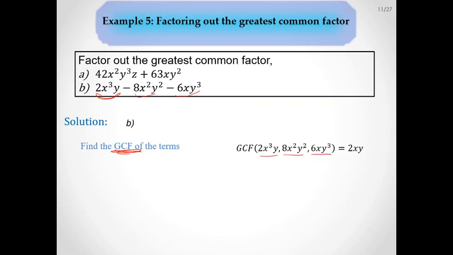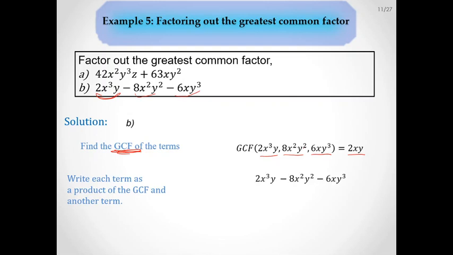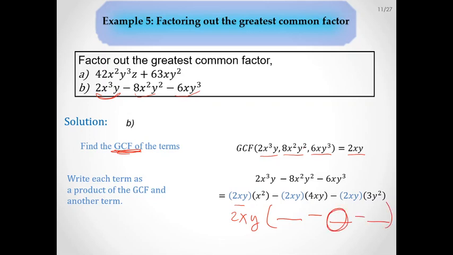The greatest common factor of them is 2xy, and then we will write this one as 2xy. Indeed we are trying to do this. We have 3 terms, so we need to put here 3 terms. One thing is you can do it this way: what times 2xy makes this one.